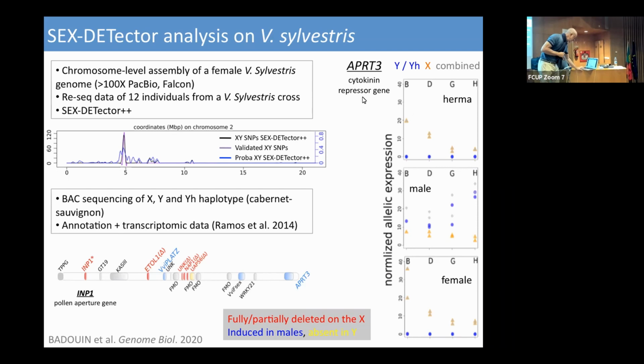And it's not in hermaphrodites, not in females. And it's very interesting because this gene is a cytokinin repressor gene, and cytokinin is a phytohormone that is known to actually stimulate the development of the female organs. So it looks like a very good candidate to explain why the males don't develop female organs.